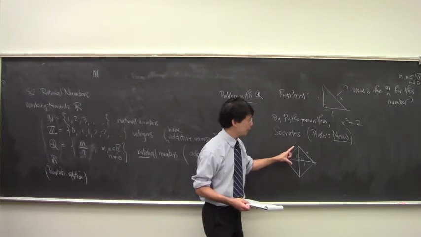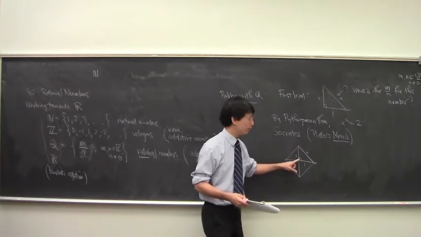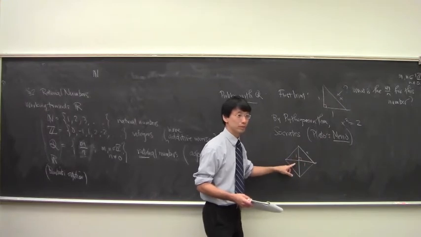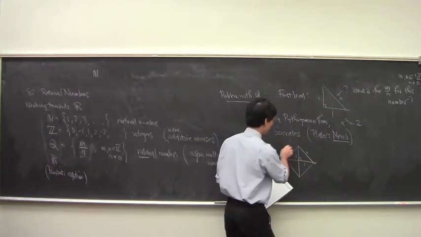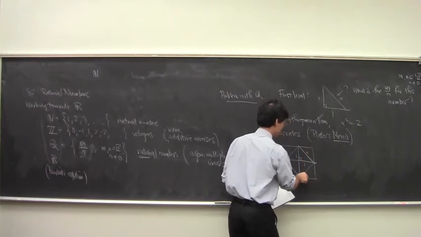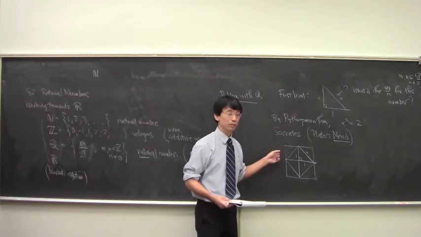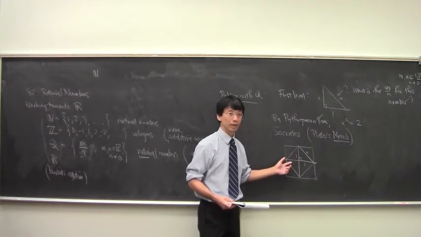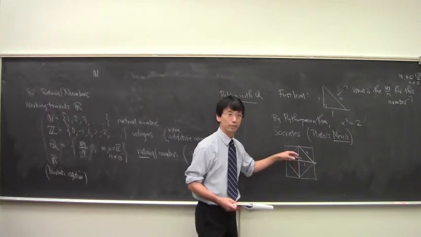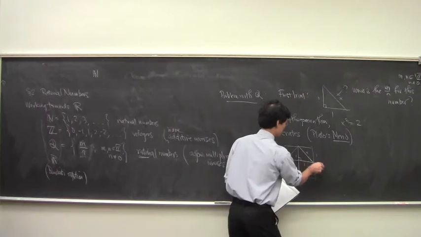So what's the area? He keeps on badgering the boy and says, can you figure out what the area of this square is? Suppose he makes the kid add on an even larger square, and he says, well, what's the area of that square? Well, it's 4, right? 1, 2, 3, 4, because each of these lengths is 1.